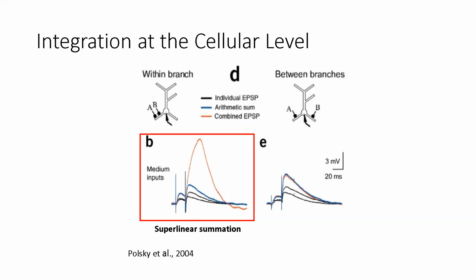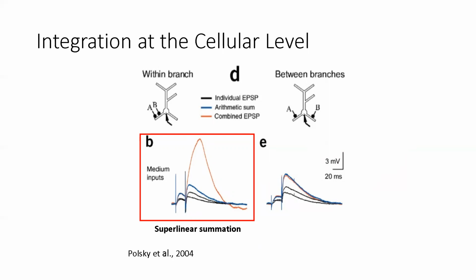On the cellular level, we're interested in two types of integration of sensory information. On the right, under E, we see that if you stimulate a neuron on two different dendritic branches, and then you record from the cell body, you receive an output that is the sum of the inputs.